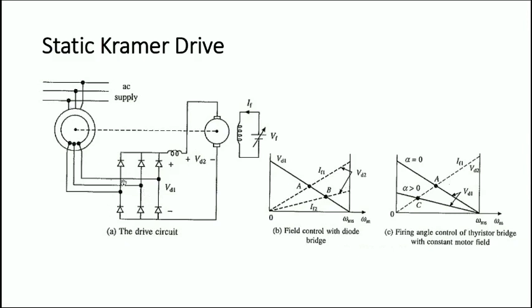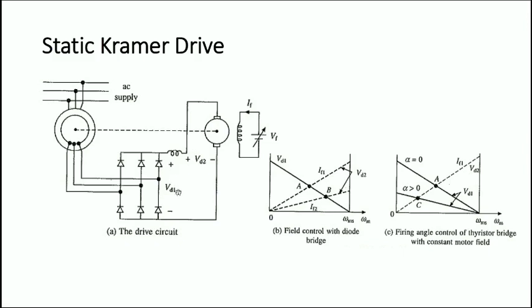As in the static Scherbius drive, in this part we have the diode rectifier. Here also we have a diode rectifier. We represent the terminal voltage of this diode rectifier as VD1.